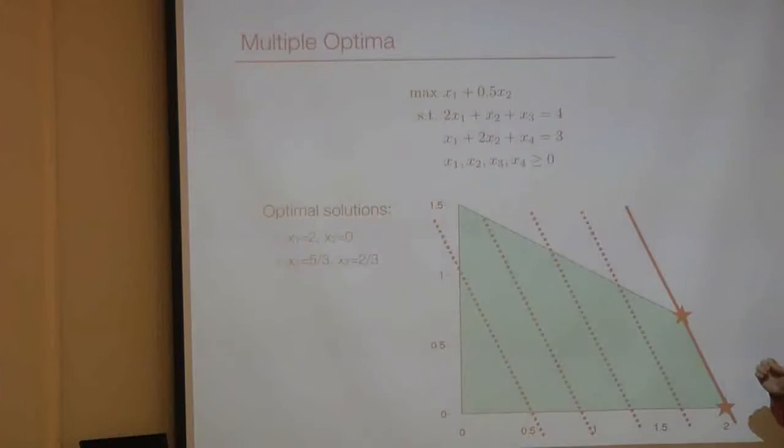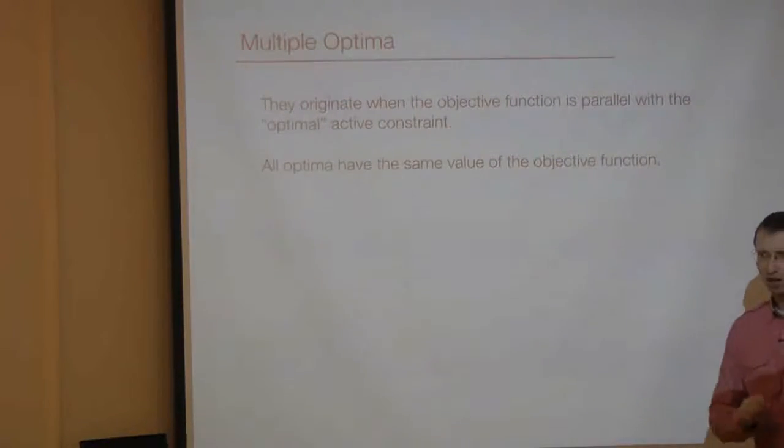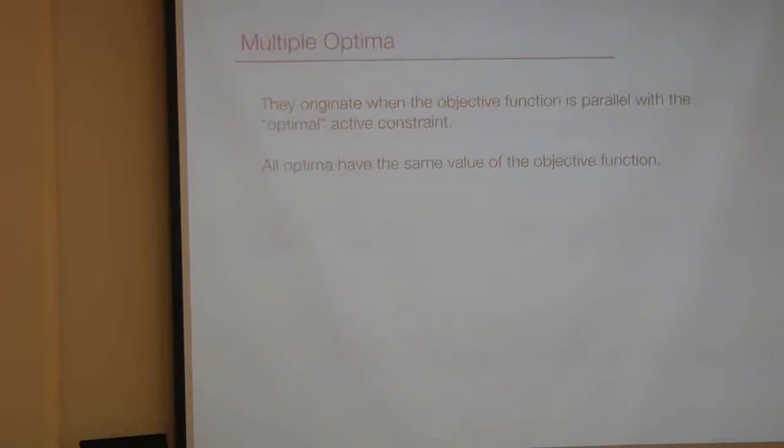If we have the problem posed in such a way that the objective function is parallel to the optimal active constraint. So that's what it said here. Actually, all points that we find, regardless of which pivoting variable we choose, all these optimal solutions are identically good.